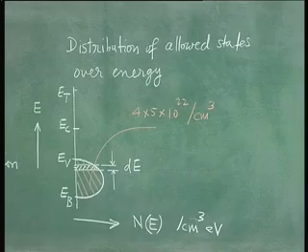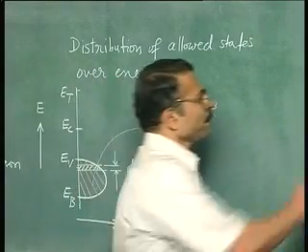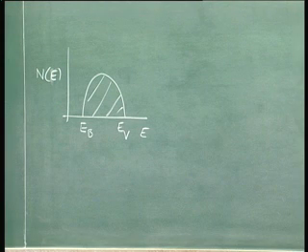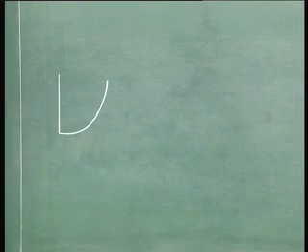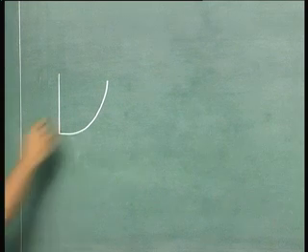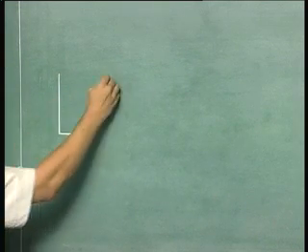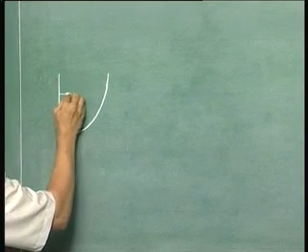We can take a simple analogy to understand this. Supposing you consider a bucket of water which is something like this. Let us assume the shape of the bucket is like this. I am assuming a two-dimensional situation. Supposing there is a bucket like this and you are filling it with water, say up to some height.